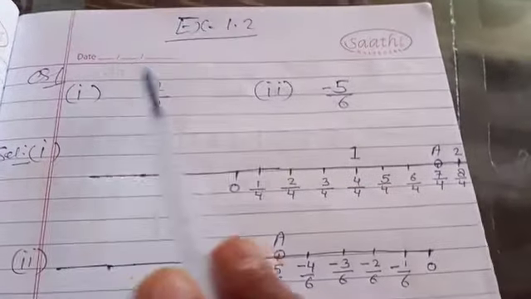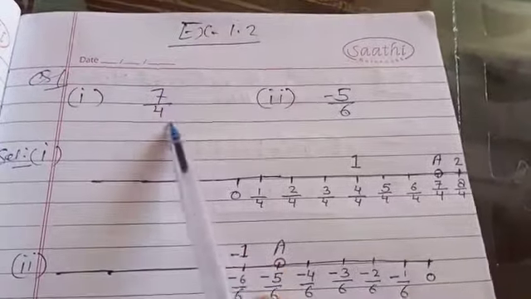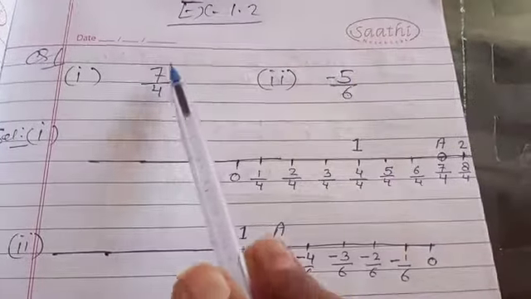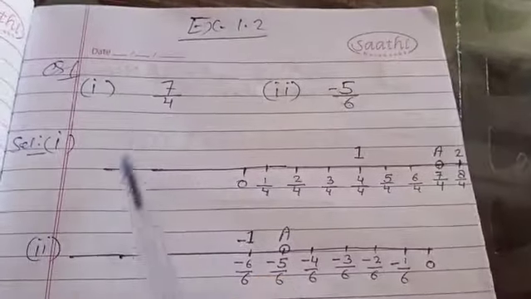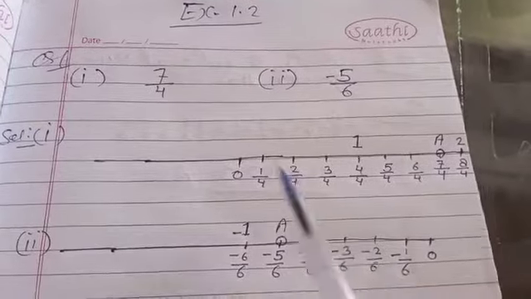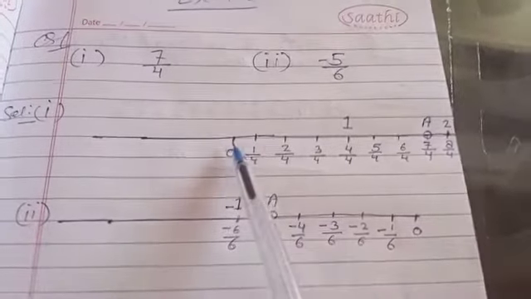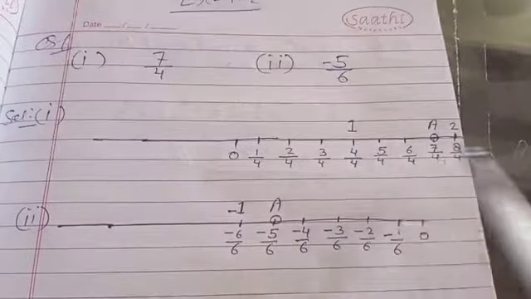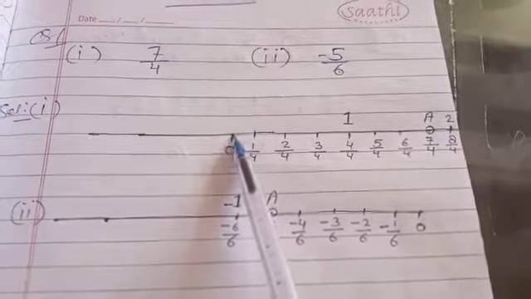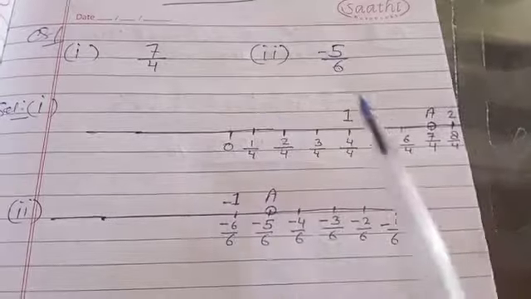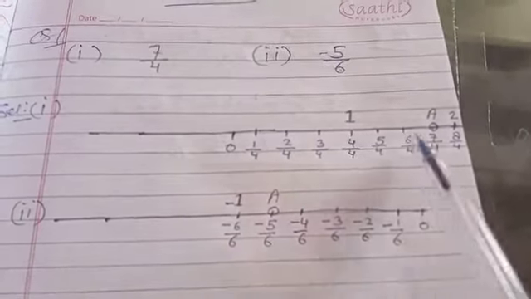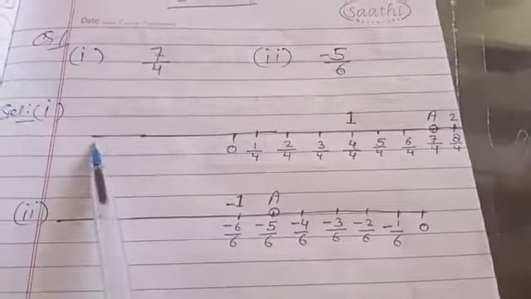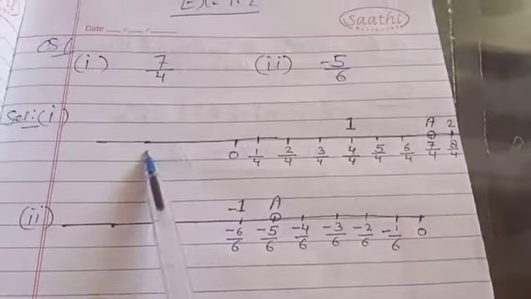In the first question it says represent these rational numbers on the number line. So 7 upon 4 can be represented using the number line. You want to know how I can make a number line. You see here, this is the 0, and to the right side of the 0 we can write the positive rational numbers, and to the left side of the 0 we can write the negative rational numbers.